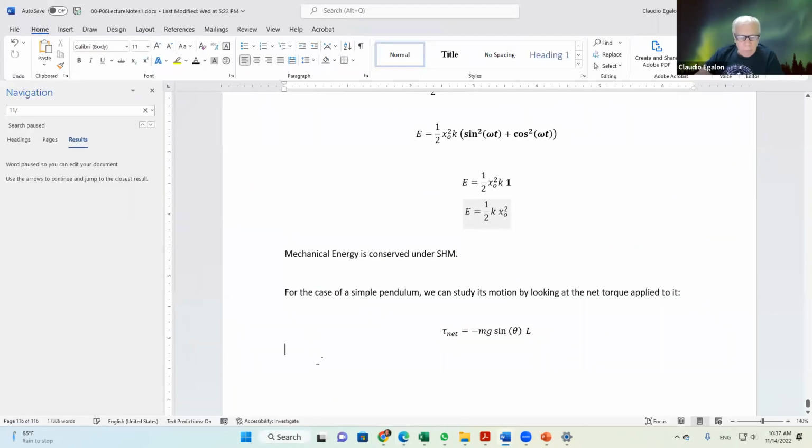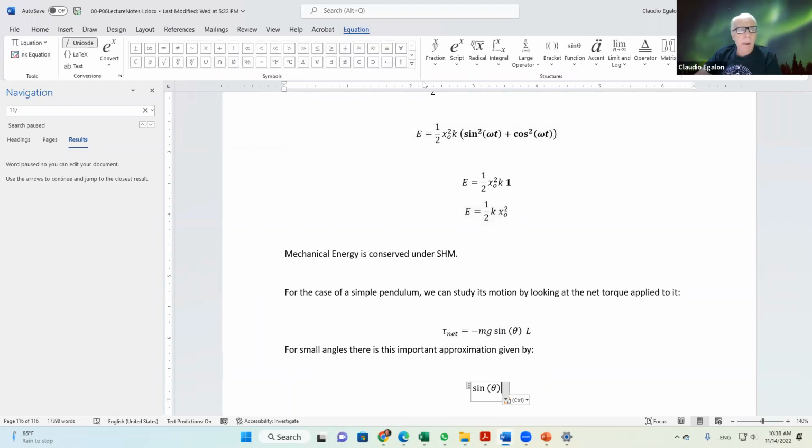Okay, for small angles, there is this important approximation, and by the way, I can prove that to you. It's easy to see that sine of theta is approximately theta.